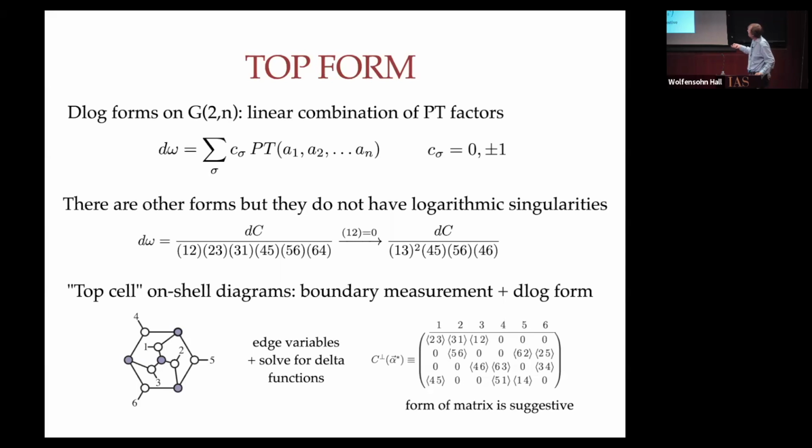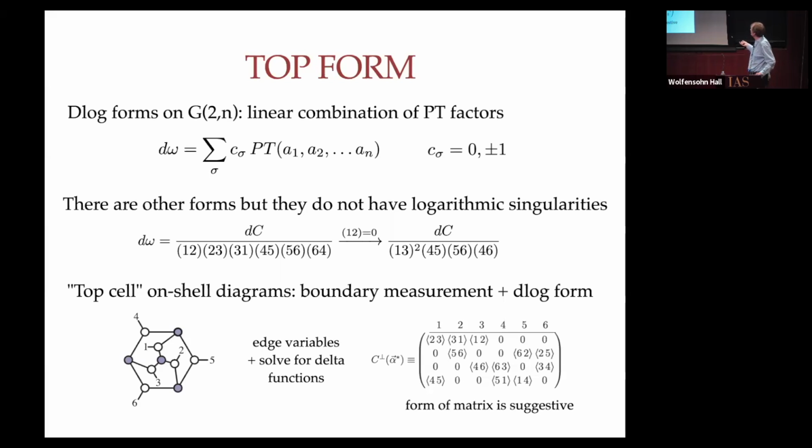Now, if we consider this non-planar diagram, like this one, for G26, we dress it with H variables, we solve the delta functions, we solve for the C matrix. Here I display the C perp matrix. We get some solution in terms of lambda only here.